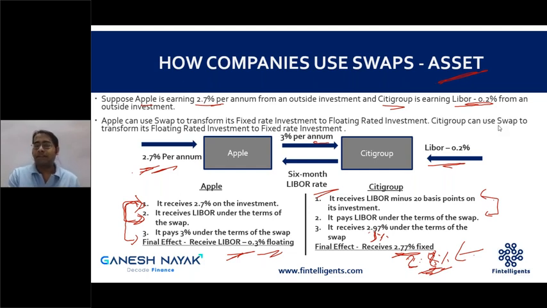I want to keep that bond transaction. I will enter into a swap to convert that fixed rated 7% income to a floating rated income because I feel that the interest rate is going to increase. This is how exactly a swap is used to convert your liability or an asset.